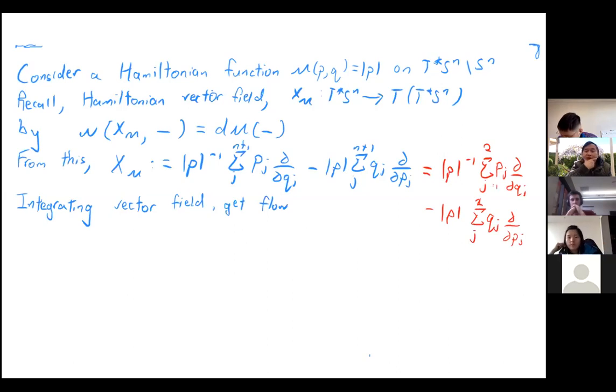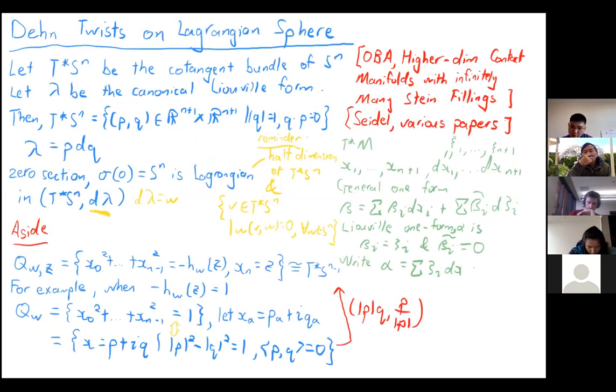If you look at omega, omega is the d of lambda, and lambda is p dq.